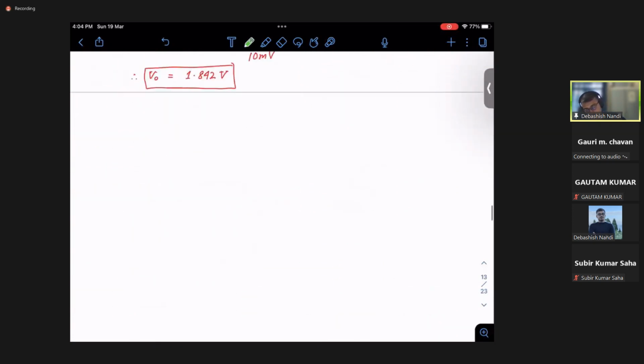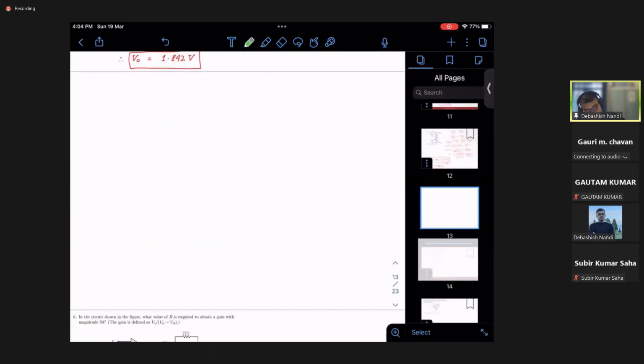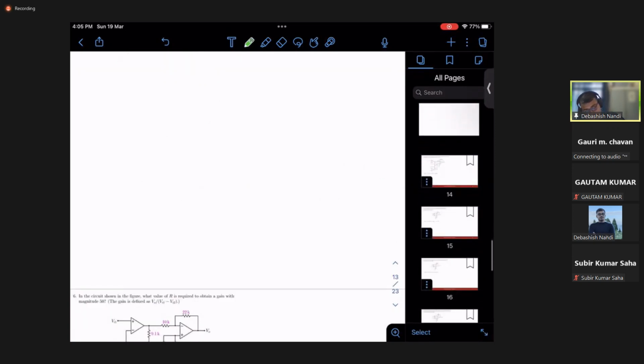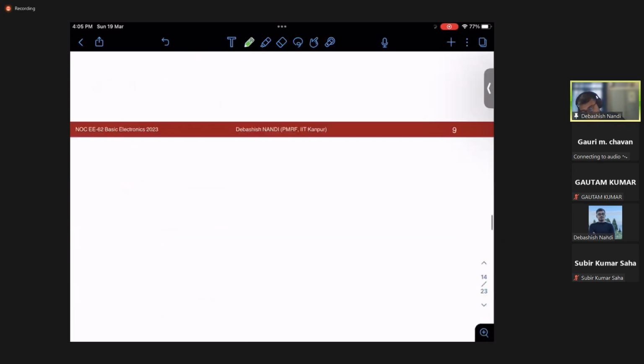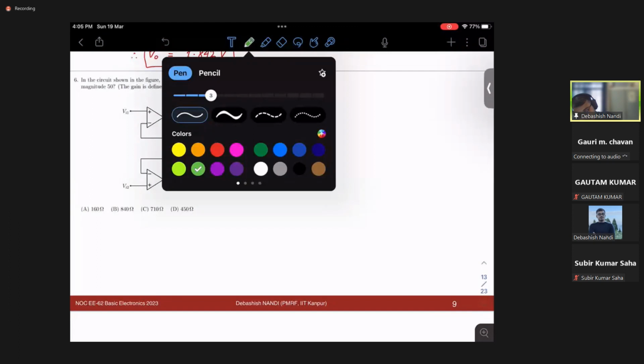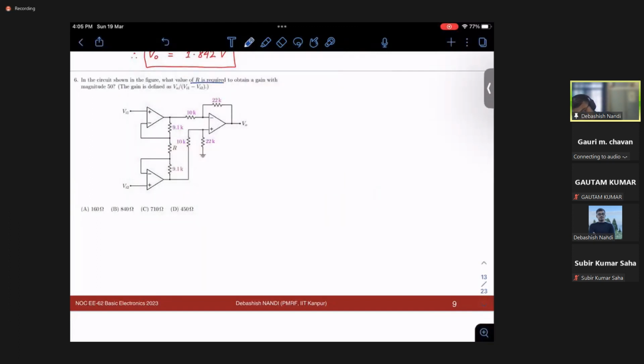In the circuit shown in the figure, what is the value of R required to obtain a gain of 50, right? The same analysis will be followed, but here I need R additionally.